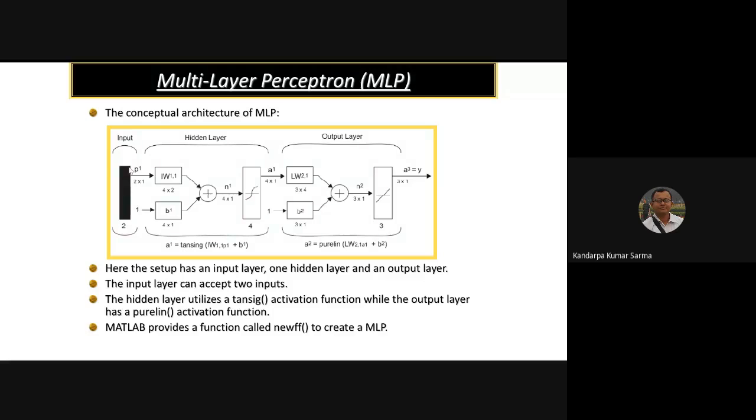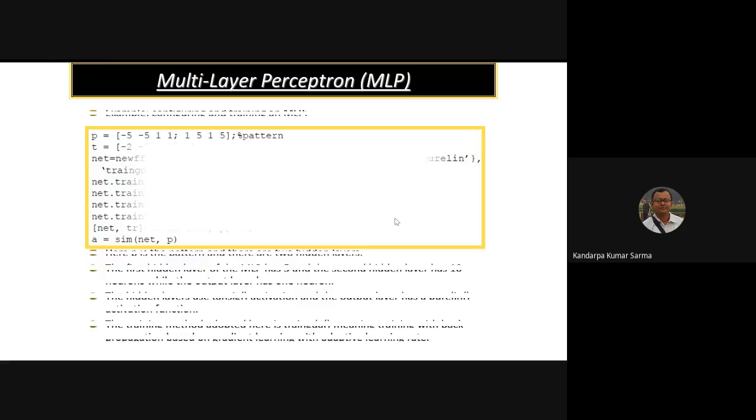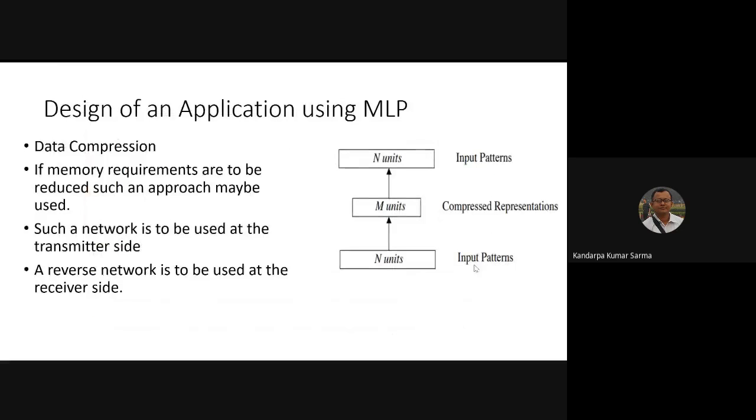So if that part is 1000, we can make it 500, or 200, 100. This will lead to compression, so the network can now generate a compressed representation.